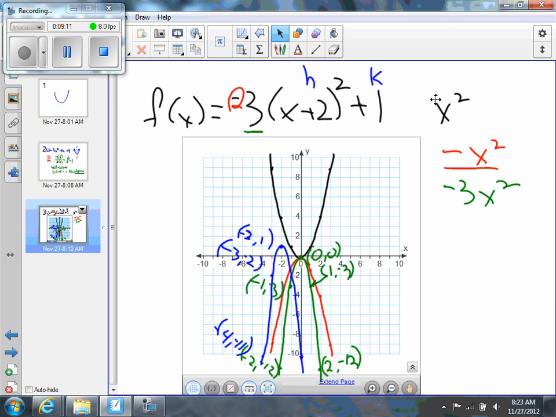No, because we were at -1, -3, right? Yes. So I go left 2, that means my -1 goes over to -3, but I have to go up 1, so my y of -3 becomes -2. Okay, I see. Did you see what you did? Are you sure? Yeah, I just put one of my other points wrong.